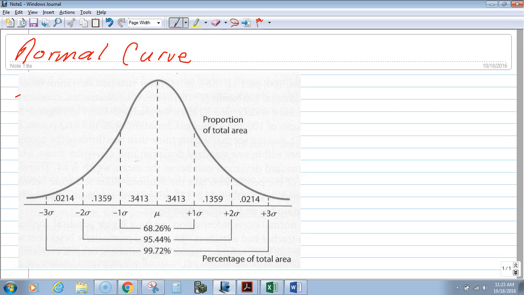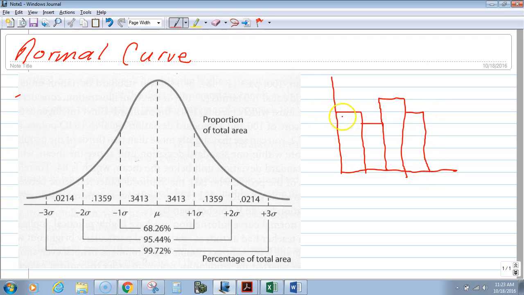And the normal curve is just a histogram. Like we've made histograms since we were little, right? Like over here, we make histograms. We have so much is between 0 and 1, and so much is between here and here, and maybe more between these two. This is just a histogram, and this histogram is made out of rectangles.